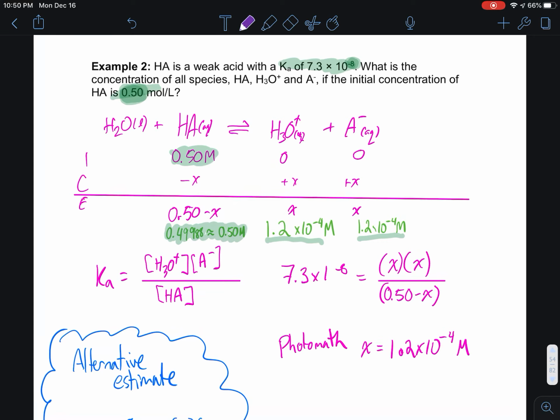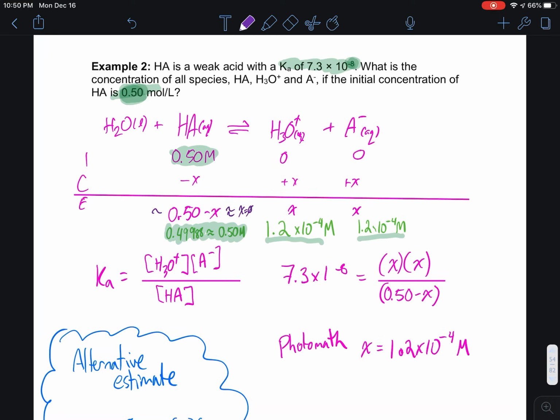So this means that if we're essentially saying that there's been no change relative to the size of this value, we could approximate that x is essentially 0 for this question.